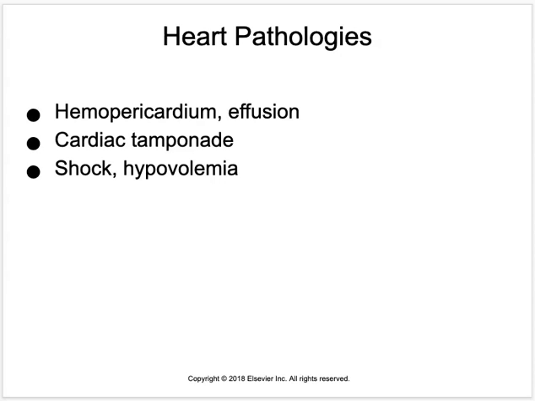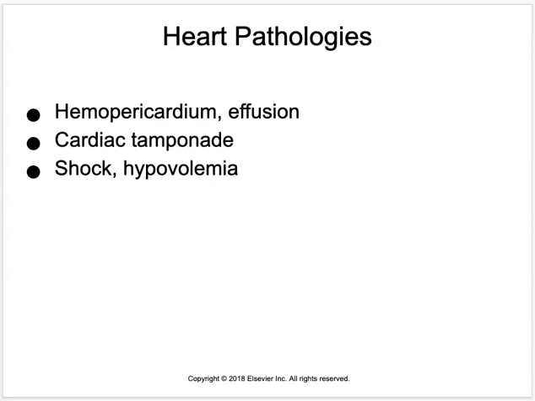And then we have shock. Shock is a life-threatening condition of inadequate blood flow to the body's tissues. So when somebody is in shock, it's a life-threatening condition of inadequate blood flow to the body's tissues. Usually this is associated with inadequate cardiac output, hypotension, so low blood pressure, and tissue damage.